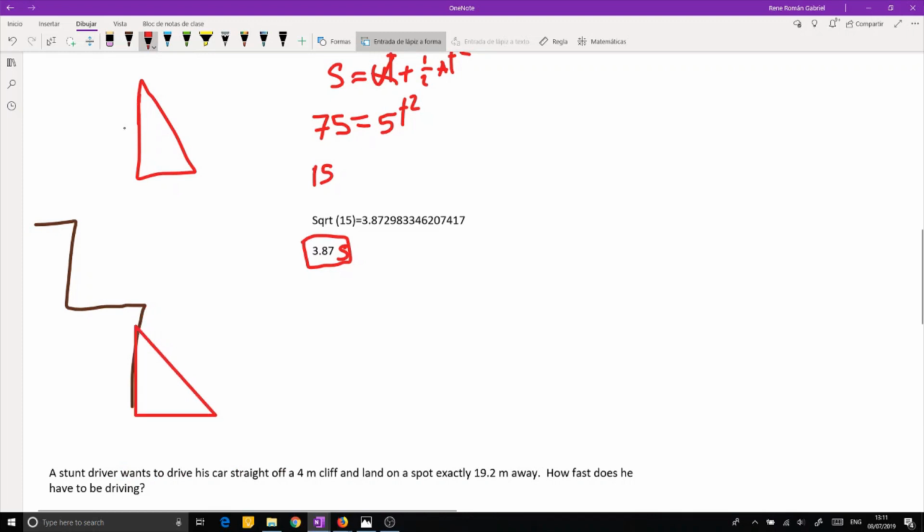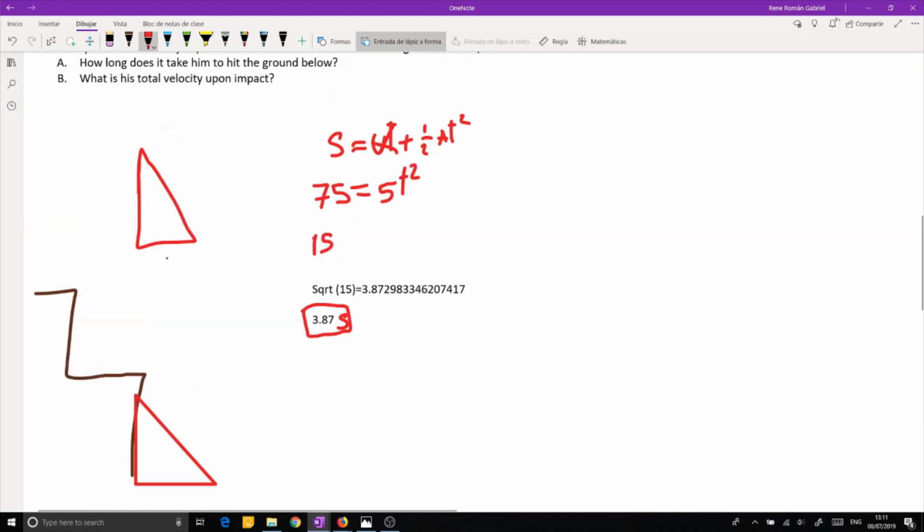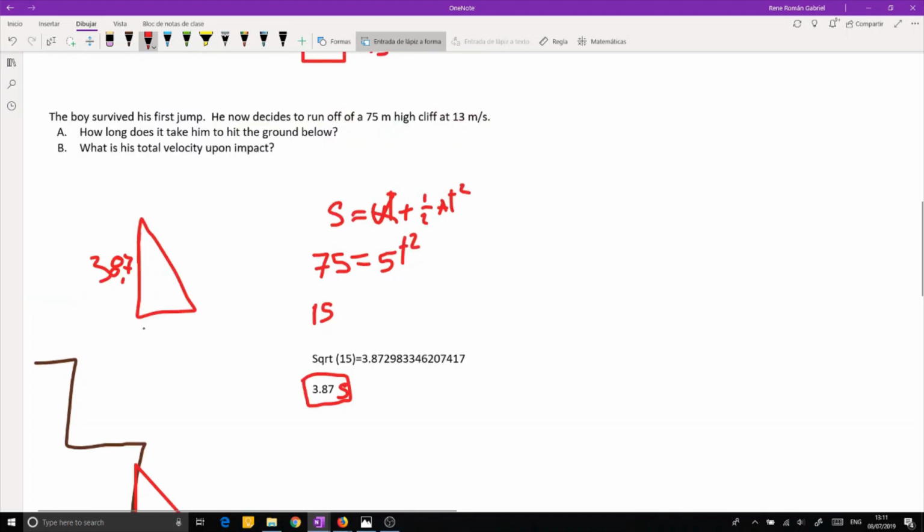So yeah, our vertical one again is just time times 10, so that would be 38.7, and our horizontal one is the same, 13. Well, it's like the same as here, 13.